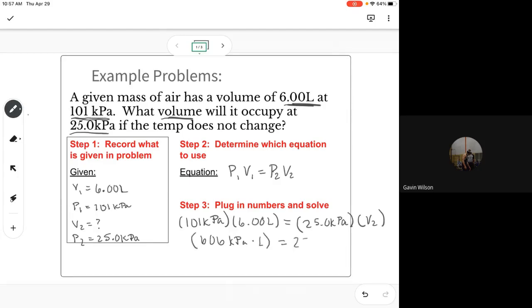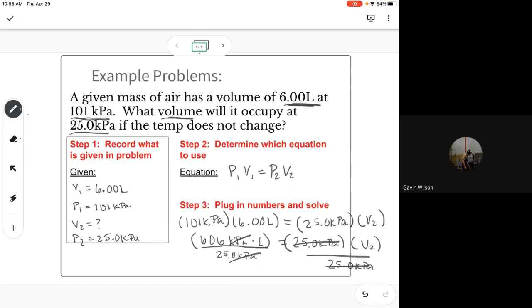And so that's equal to the 25 kPa times V2. So then we divide each side by 25.0. And when we divide by 25.0 kPa, that gets rid of the kPa unit.